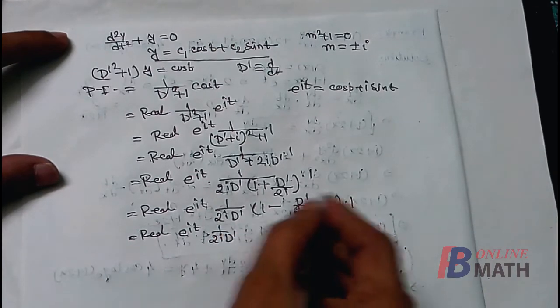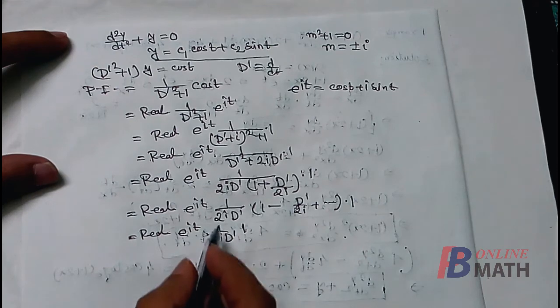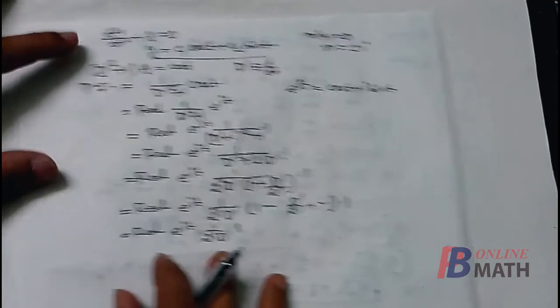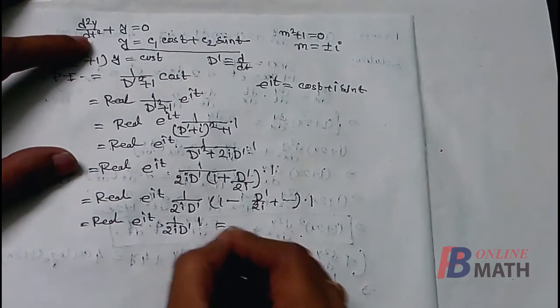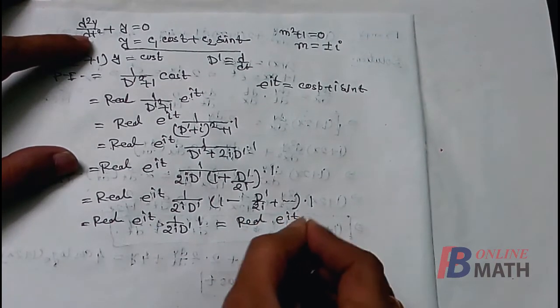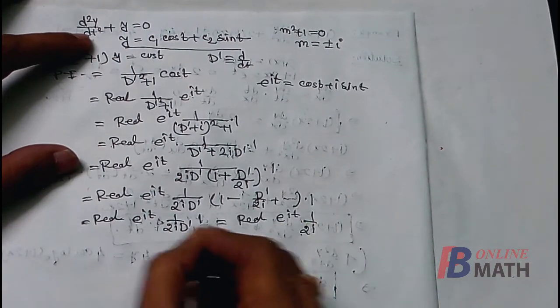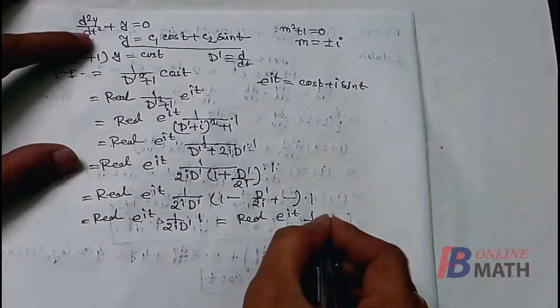Next if we apply this operator on 1, it will be 1. Now 1 by D' is nothing but the integration with respect to t, so this is nothing but real part of e^(it) into 1 by 2i, and 1 by D' of 1 means only t.